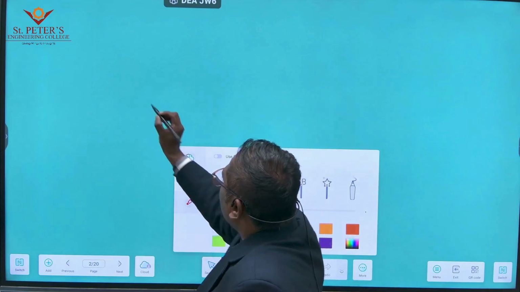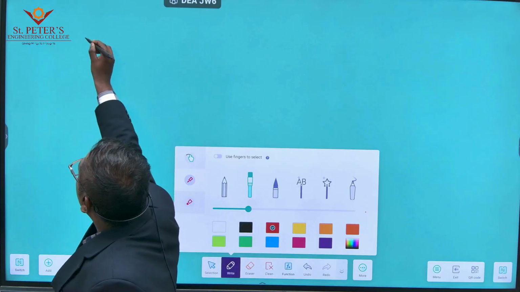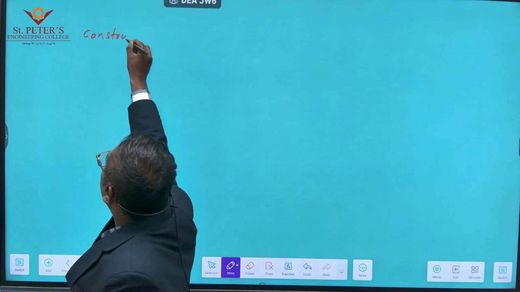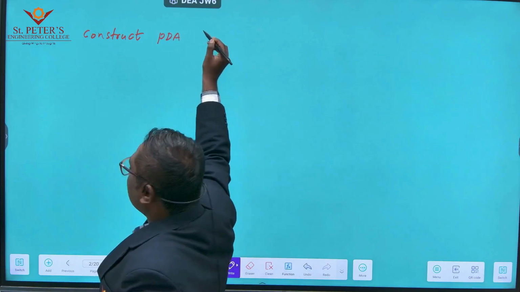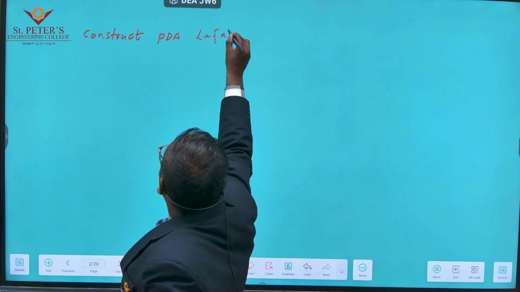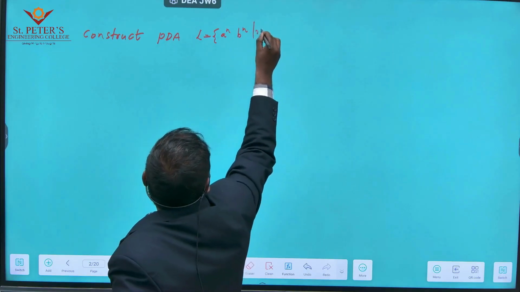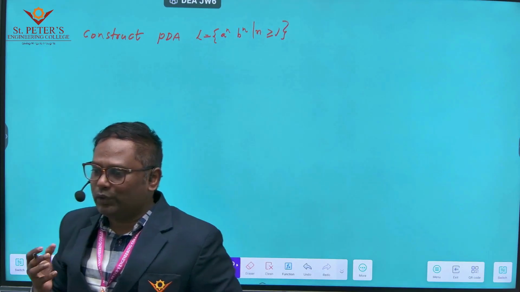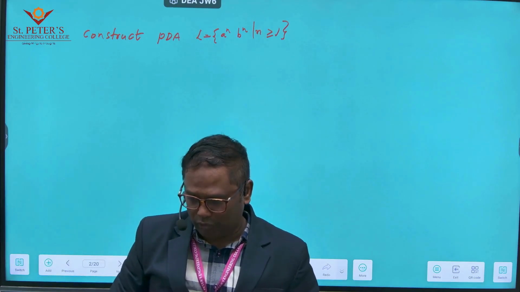Now I am going to construct a push down automata which accepts the language L equals a power n b power n, where n is greater than or equal to 1. So they will give you that language and ask you to construct a push down automata.